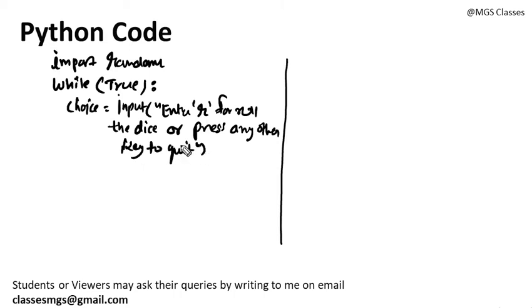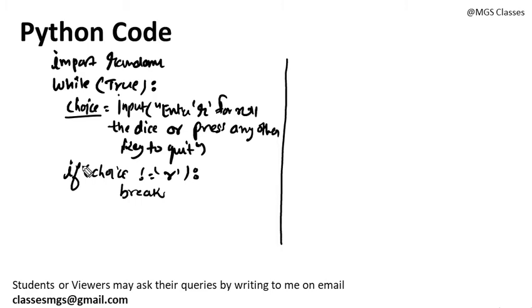This is the message I am displaying. Whatever the user enters comes into this choice variable. If choice is not equal to R, which means the user wants to exit, then I will break this loop, because it is an infinite loop.